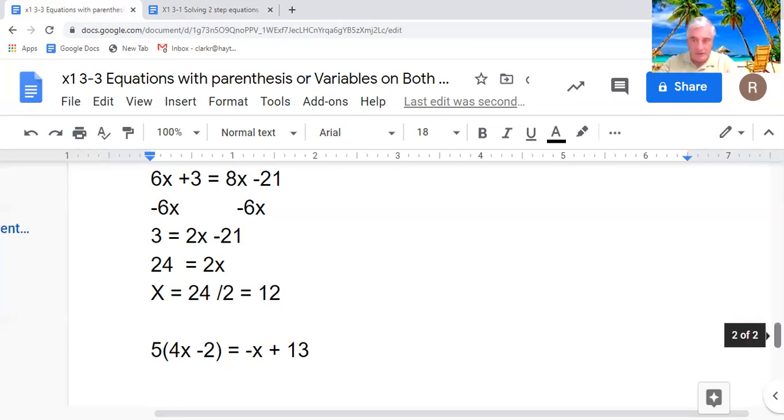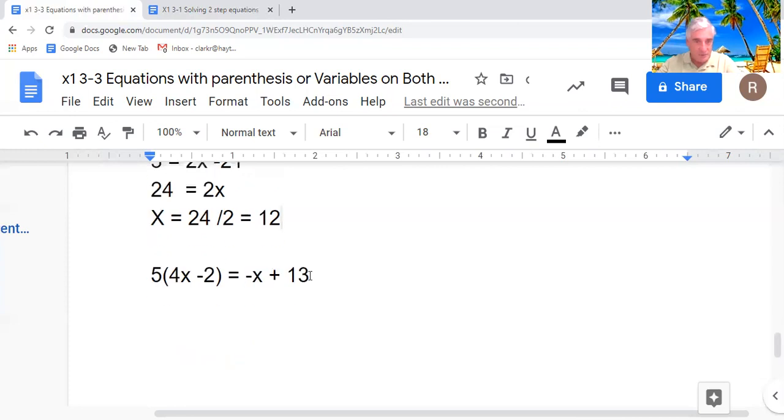All right, here's the last example I'm going to have on the tape here. We're going to distribute. Once we distribute, we still got X's on both sides. 5 times 4, 20. 20 times X minus 5 times 2. If you forget to distribute, that's probably the one you forget. That's minus 10 equals minus X plus 13.